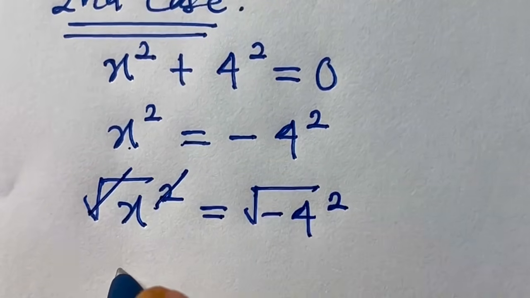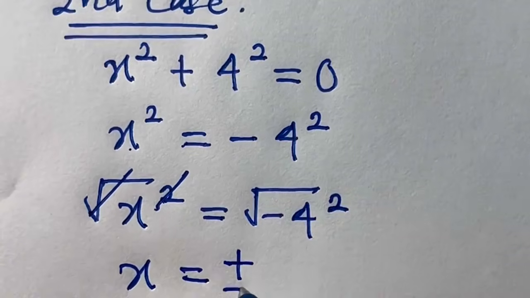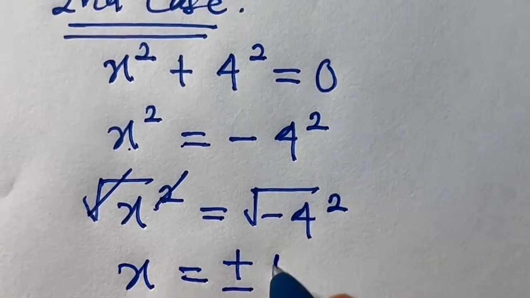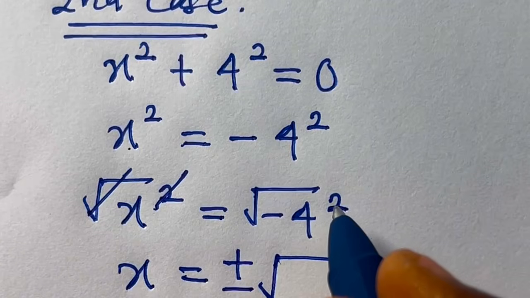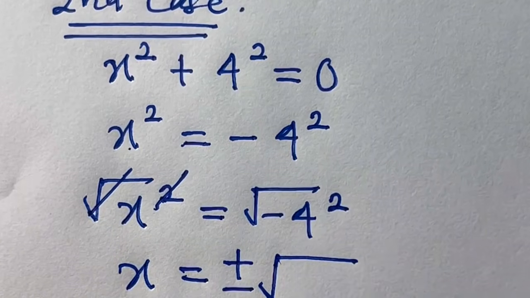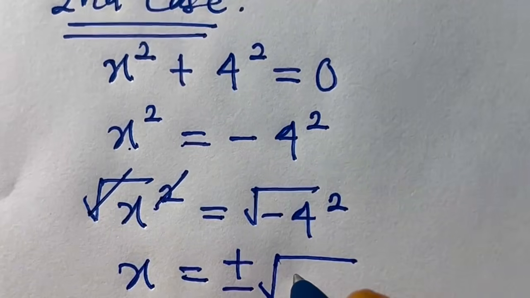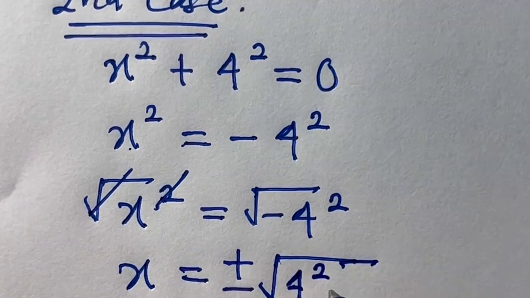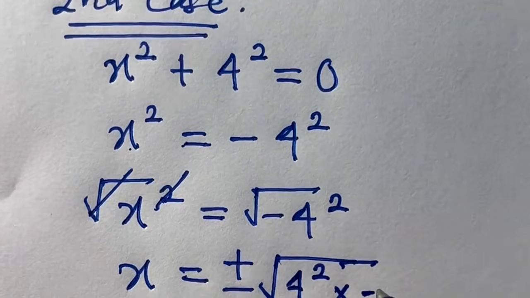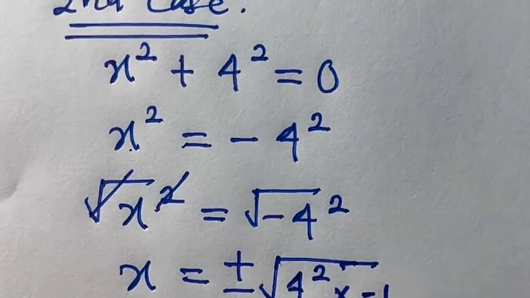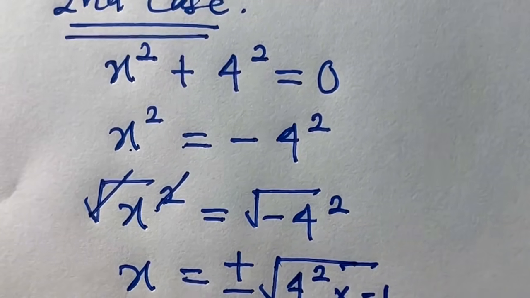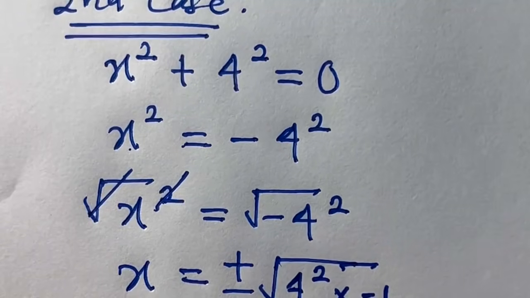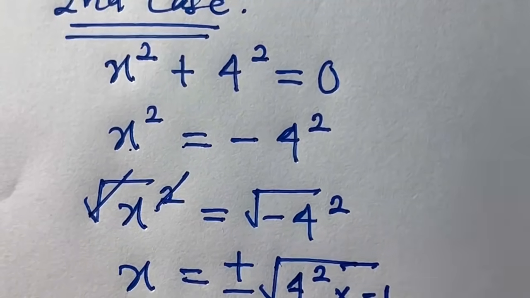We cancel out this, so we have x equals plus or minus the square root of 4 squared, multiplied by minus 1. So x equals plus or minus the square root of 4 squared times the square root of minus 1.